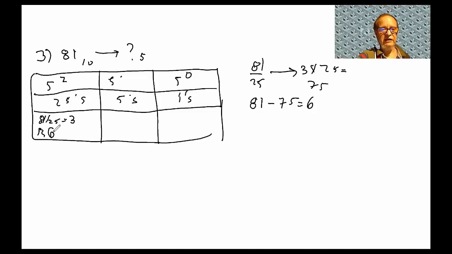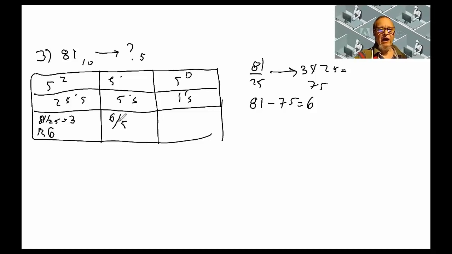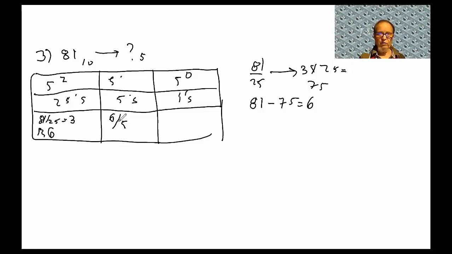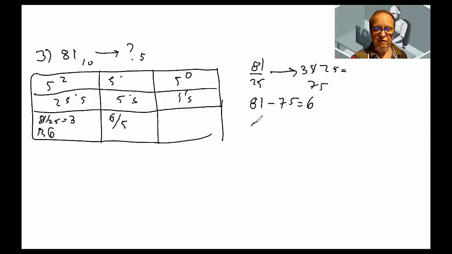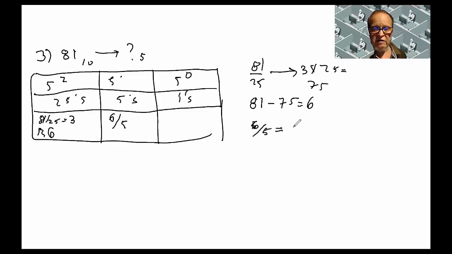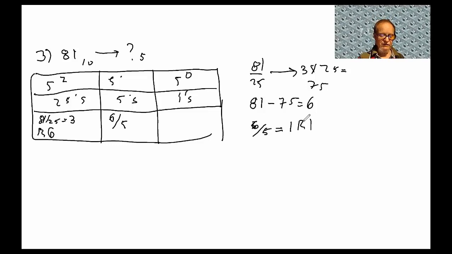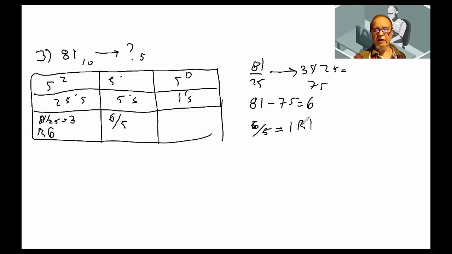Now we take that 6 and we divide it by 5. And again, we want to see how many 5s go into 6. So we have here 6 divided by 5 is about 1 with a remainder of 1. So we have the same idea that we want the whole number, and then we will bring the remainder over to the next column.